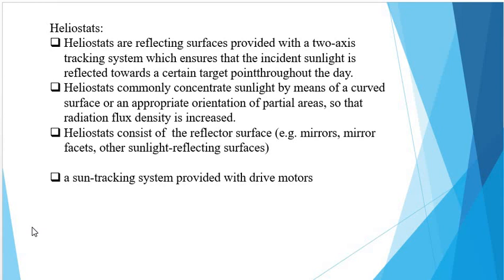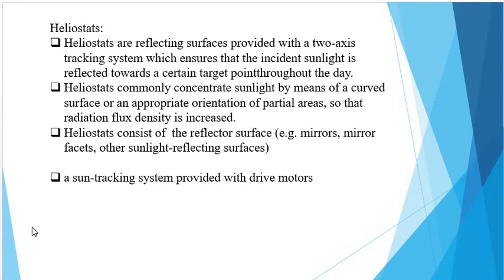The heliostat is a reflecting surface provided with a two-axis tracking system, which ensures that the incident sunlight is reflected towards the target. The heliostat commonly concentrates the sunlight by means of a curved surface so that the radiation flux density is increased. It consists of a reflector surface, for example a mirror or other sun reflecting surfaces.